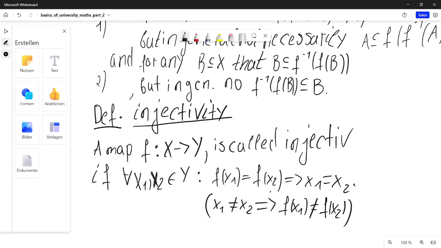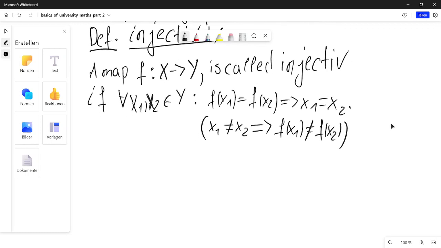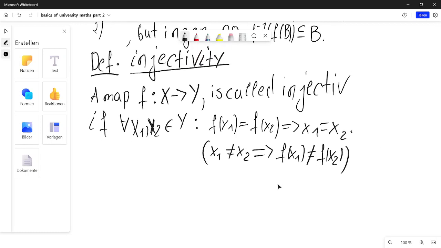So exactly this problem should be eliminated here, that we had elements that we could have not accounted for when we took images, because they were elements mapping to the same elements via f, which we haven't taken a look at and haven't taken into account by building our image of a set.